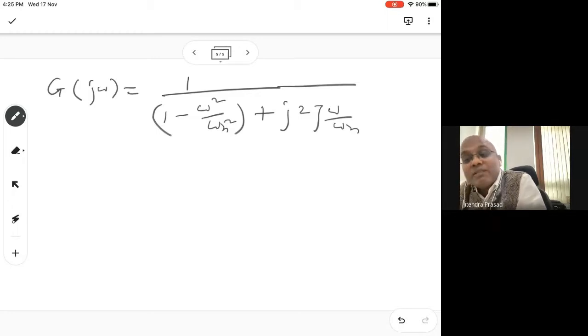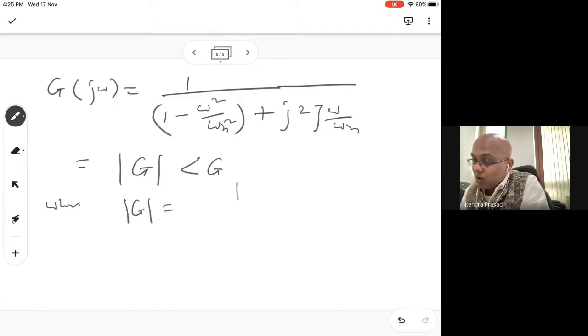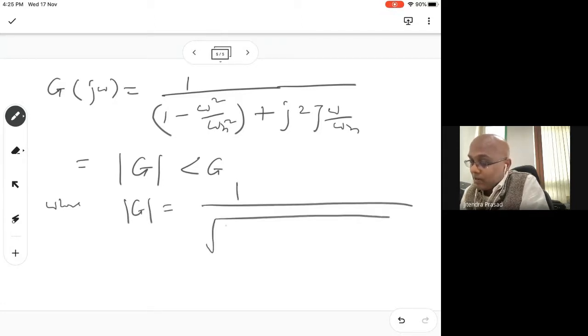This is a different function. This is not a first order system, this is a second order system, and for the second order system again you have to follow the same thing. So G is the magnitude of G and then the angle of G, where the magnitude of G is equal to 1 over the root of (1 minus omega square over omega n square) square plus (2 zeta omega over omega n) square.